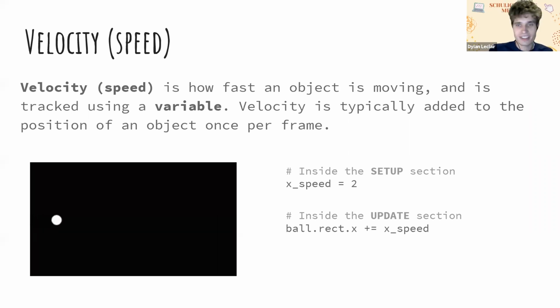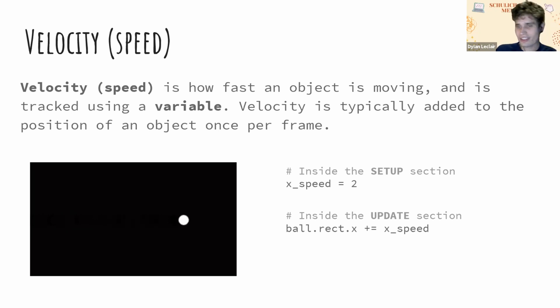So you'll see inside the setup section, or in this section of code here, we just have constant speed. So our speed is just 2. And so every frame, our ball in the video there is just moving to the right by 2 every frame. So we get this nice smooth motion.